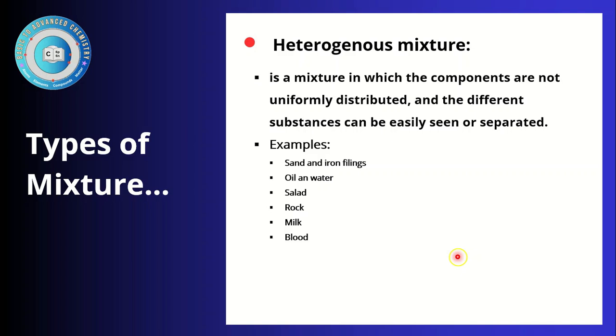So we can detect the red and white components of the blood with our eyes. Opened carbonated water. When we open the bottle of carbonated water, we see bubbles coming out of the bottle. That is carbon dioxide. Based on this, we can detect the presence of carbon dioxide and water in opened carbonated water.